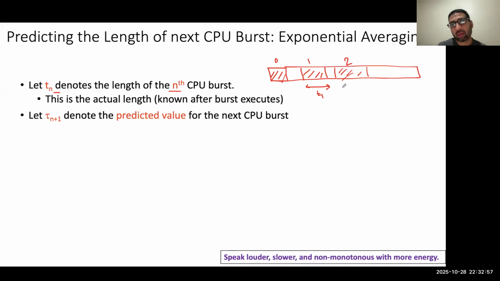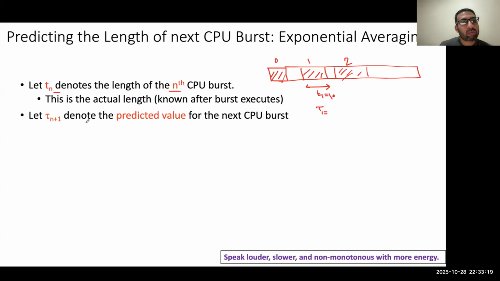So for example, if T1 is the actual value, let's say the actual value is maybe 10 time units. And tau 1 will be the estimated value for this burst, which can be anything depending upon how we are finding the estimate.